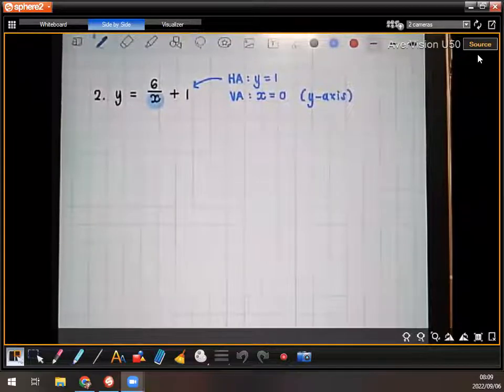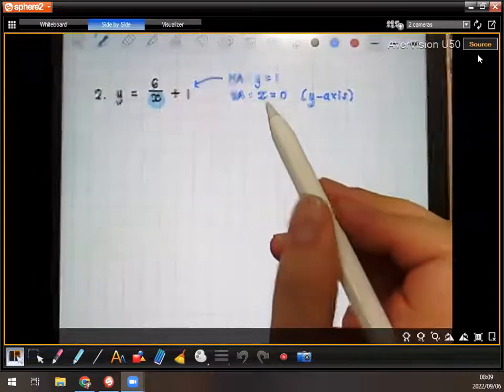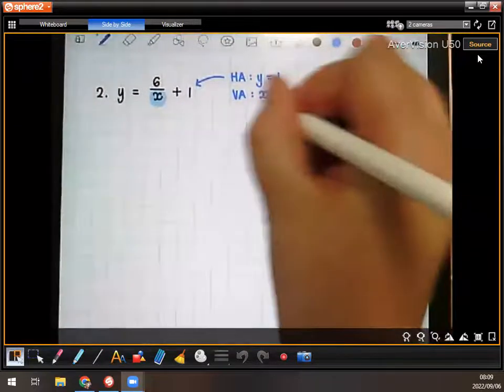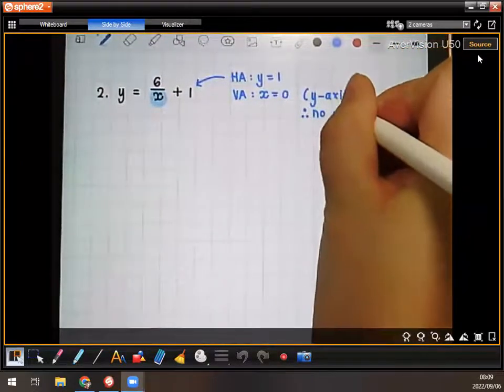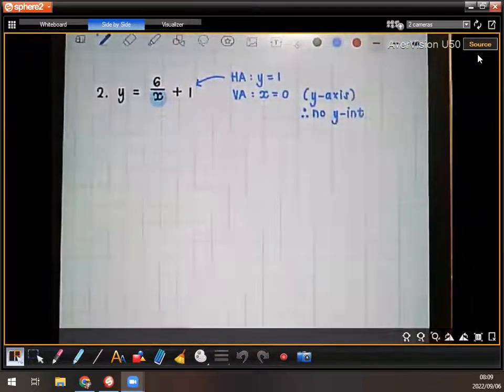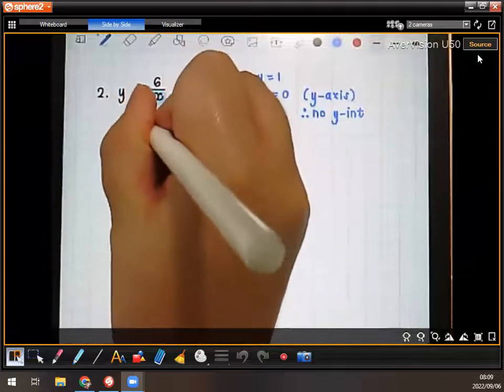No, because the y-axis being an asymptote means that the graph can't touch the y-axis. So there is not going to be a y-intercept. You can calculate an x-intercept though.